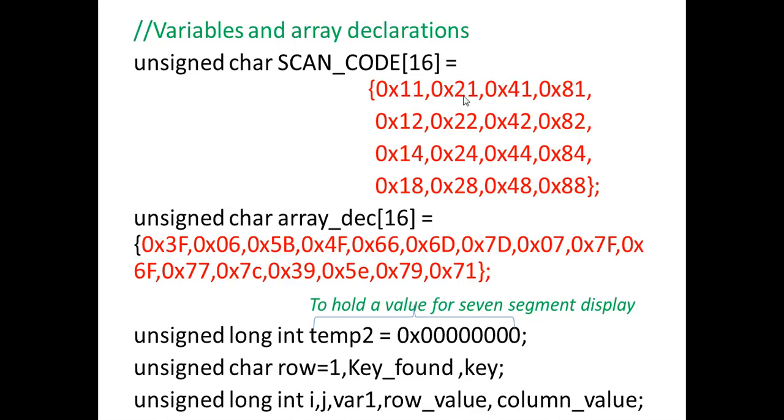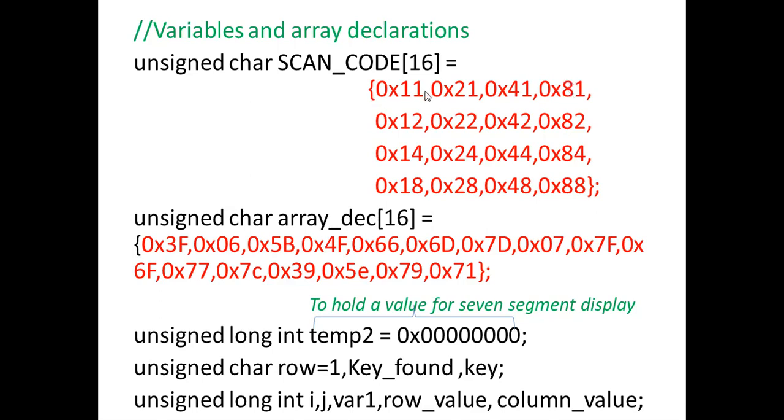For the first position of the nibble, the hexadecimal value is 2. And this is the second position of the nibble, therefore the hexadecimal value is 4, and this indicates column number 3. And the fourth position of the higher nibble is hexadecimal value 8. So this 8 indicates column number 4.